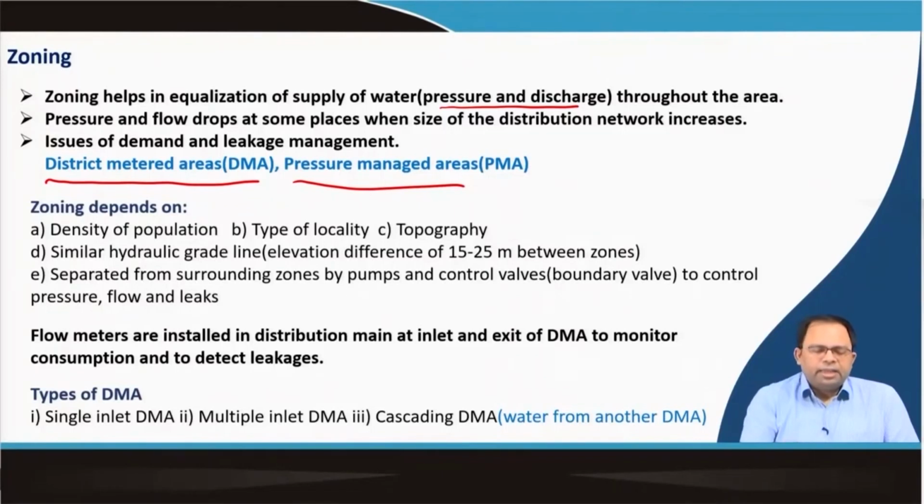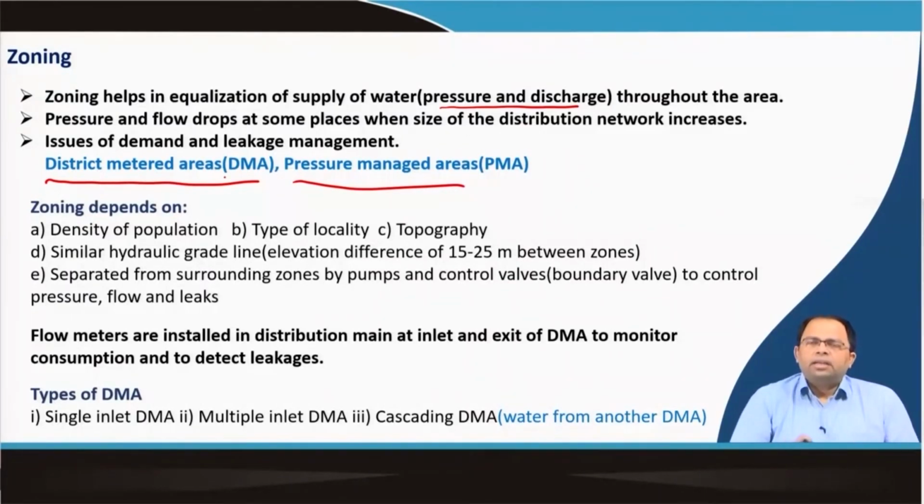And then there are issues of demand and leakage management. That means we need to understand how much water is being supplied to a certain area, and if there is leakage developing in a certain part of the system. If the area is zoned, we have an idea about how much water is going into the zone, because these areas are metered. That is why it is called a district metered area.